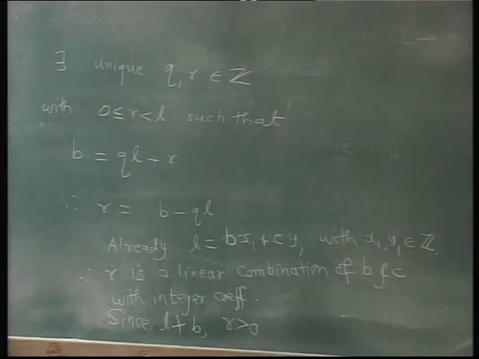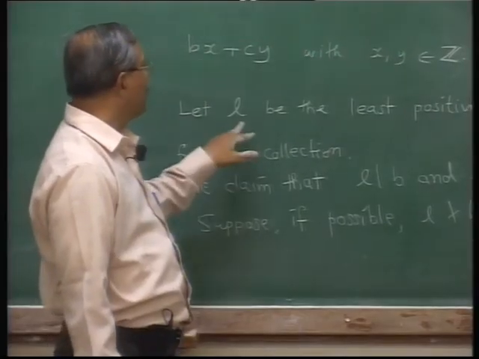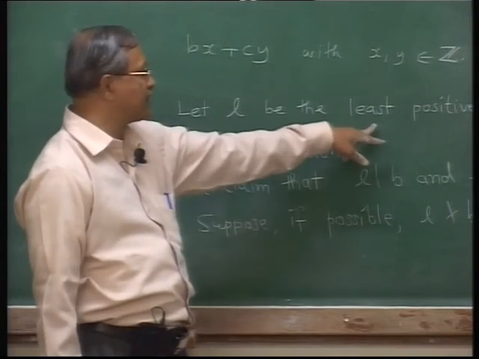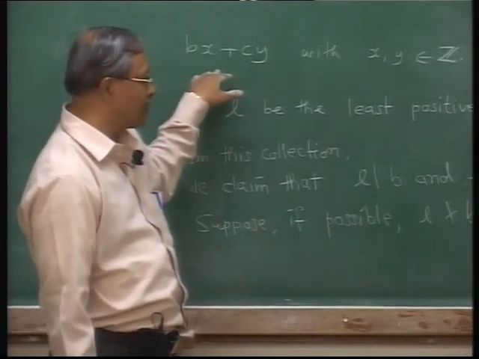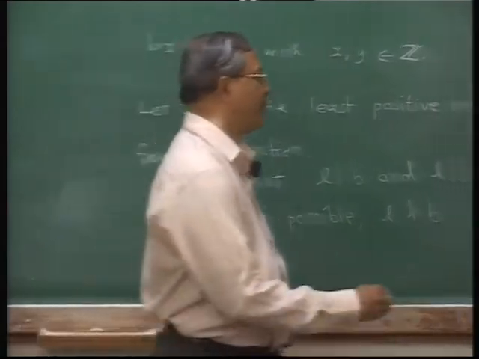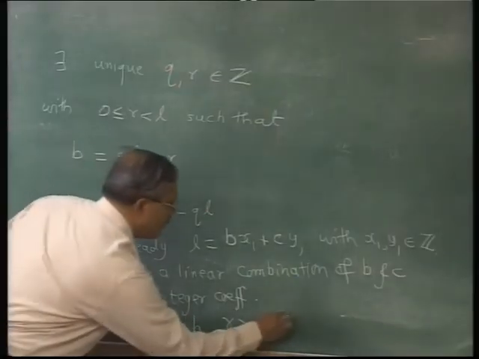And now we have got a positive integer in this collection Bx plus Cy, which is smaller than this L. L was supposed to be the least positive integer in this collection. That means we are having a contradiction.